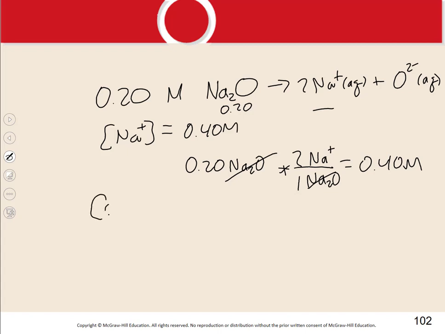What molar of oxide ion would it be? 0.20, good, because that one was 1 to 1. So finding the concentration of an ion from its original compound is just multiplying by the stoichiometry. Remember that now? All right, let's go back to our problem.